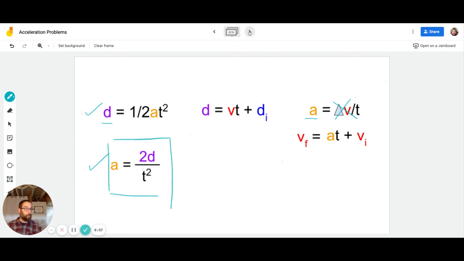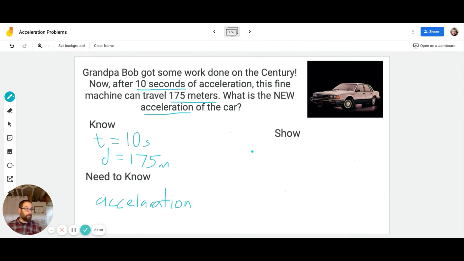All right, write that down. Acceleration is equal to twice the distance divided by the time squared. And then again, I'm going to plug my knowns into my equation.